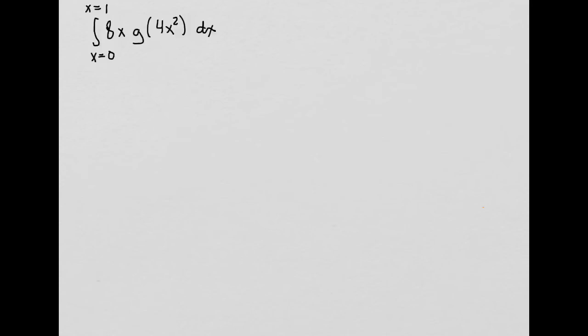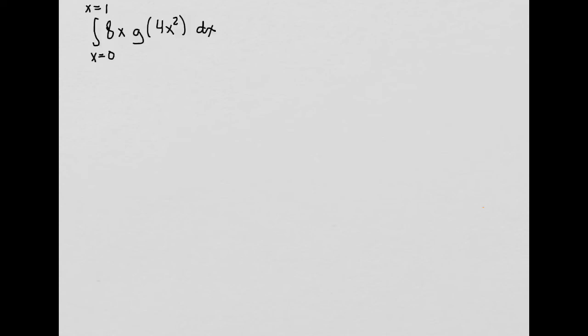All right. Let's look at something a little bit more abstract. So now we're looking at the antiderivative, from x equals 0 to x equals 1 of 8x times g of 4x squared dx. So if we're looking at this, g is an outside function, and the inside is 4x squared.